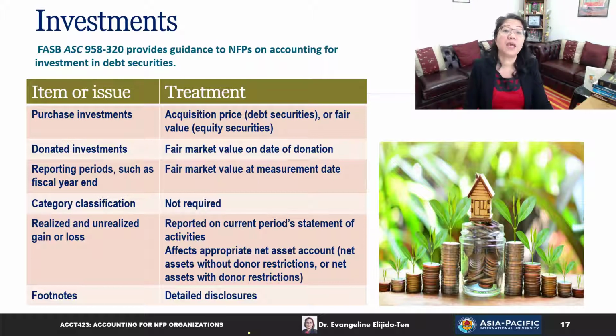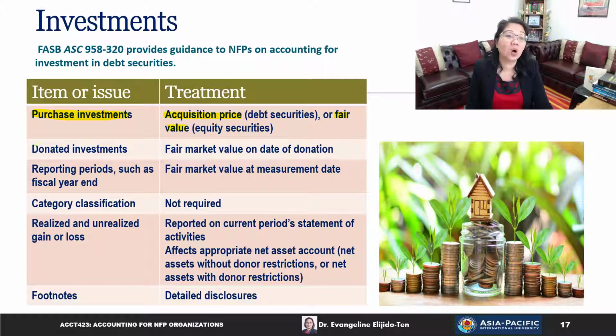FASB provides guidance to not-for-profit entities on accounting for investments, debt securities. In terms of purchased investments, it will be recorded at acquisition price of the debt securities or at fair value for the equity securities.